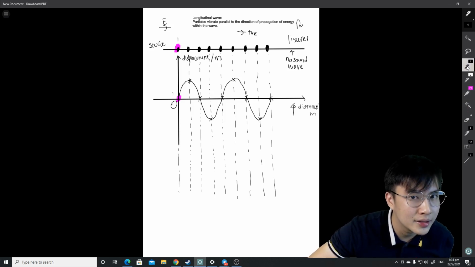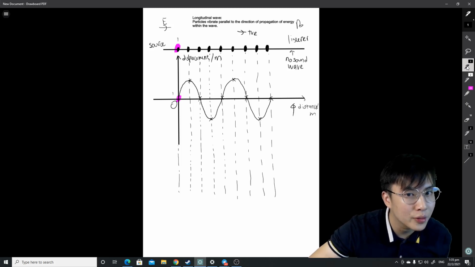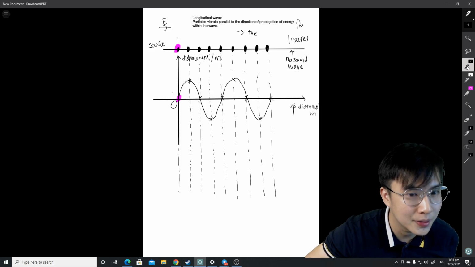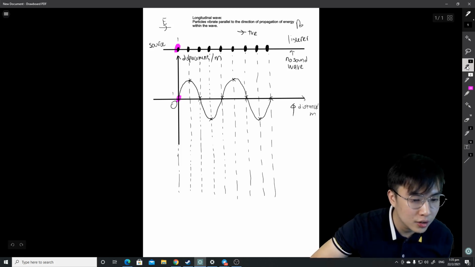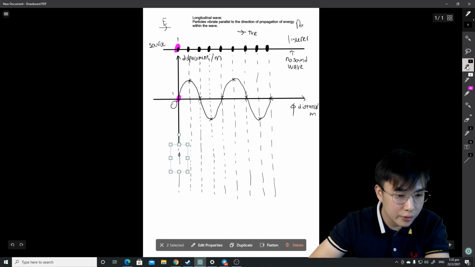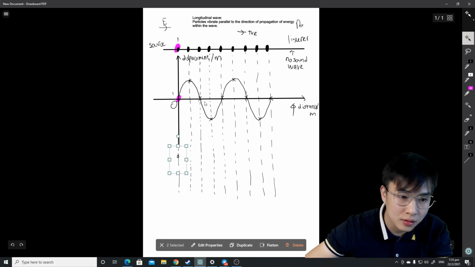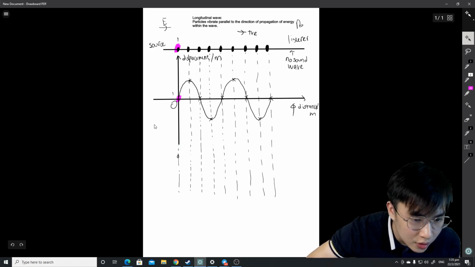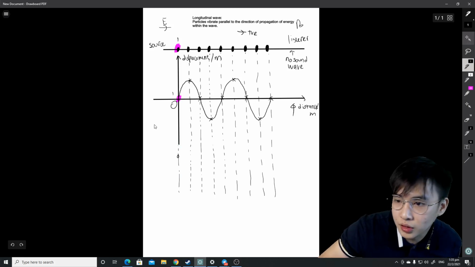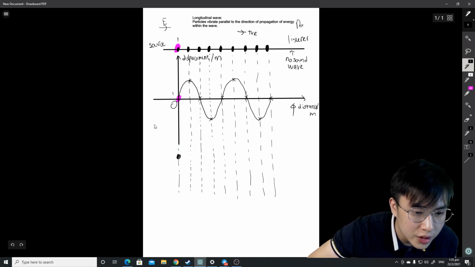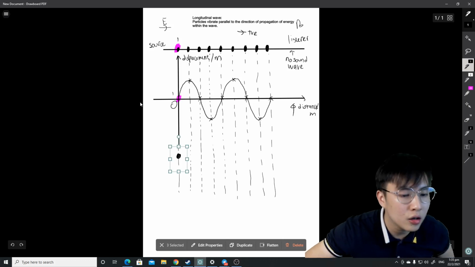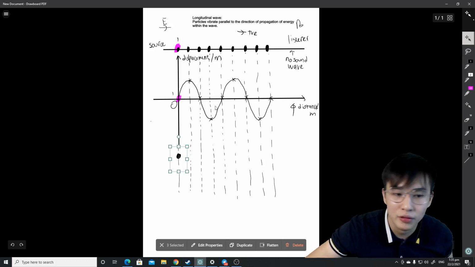The answer is 0, which means the particle is at its rest point, because there is 0 displacement. So we draw a little particle here without any displacement. This is how our particle would look when the sound wave goes through. It's just there. It hasn't moved at all because it is right at its rest position.